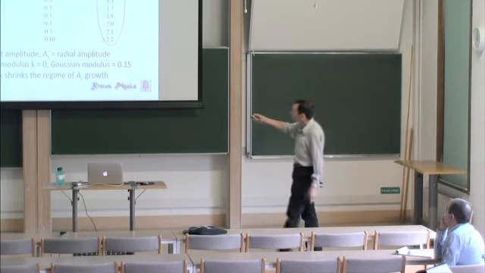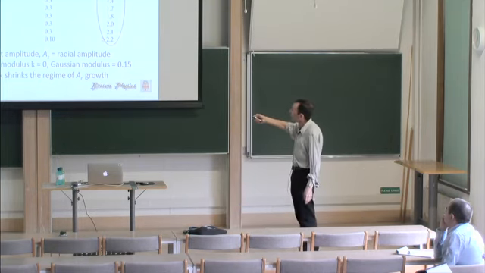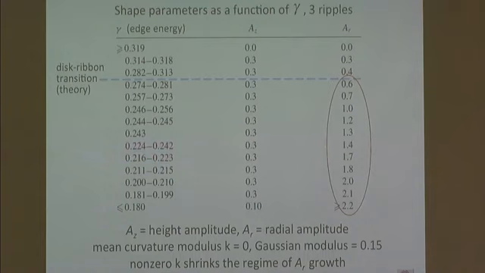These gamma values are all in our dimensionless units. For reference, the dashed line is where, in the previous theory phase diagram I showed you, the theory predicts you would go from disks at high gamma to ribbons at lower gamma.